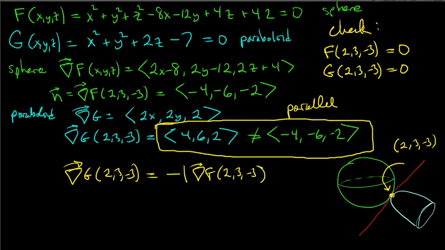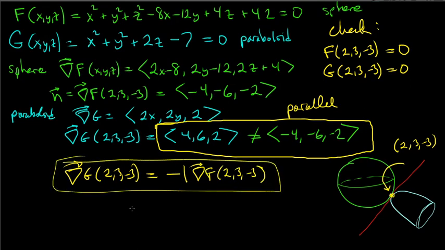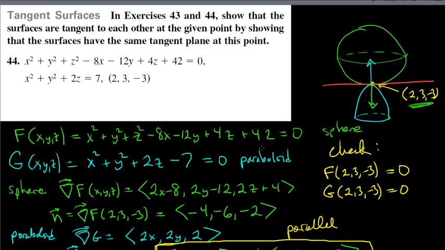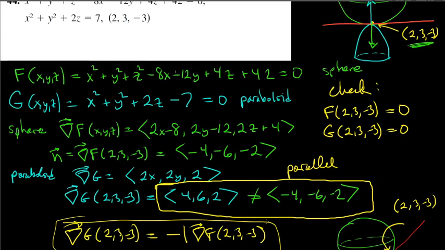So that's what it means to be parallel. One is a constant multiple of another. Remember, two vectors U and V are parallel if U equals C times V for some constant C. In this case, C is negative 1. So yep, that does it. They have the same tangent plane.